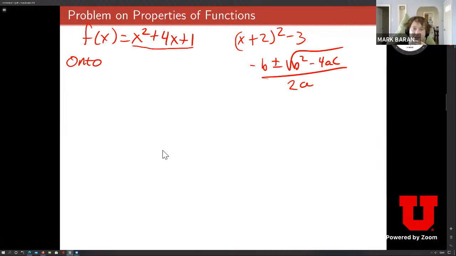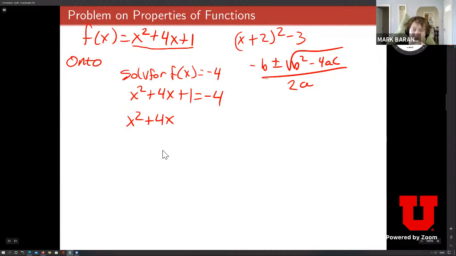So solve for f of x equals minus 4. x squared plus 4x plus 1 equals minus 4. So we're doing x squared plus 4x plus 5 is equal to 0.